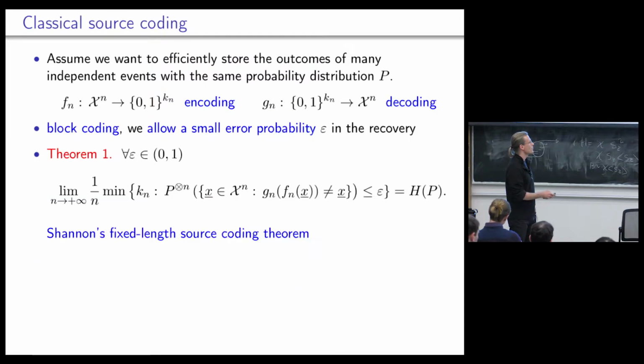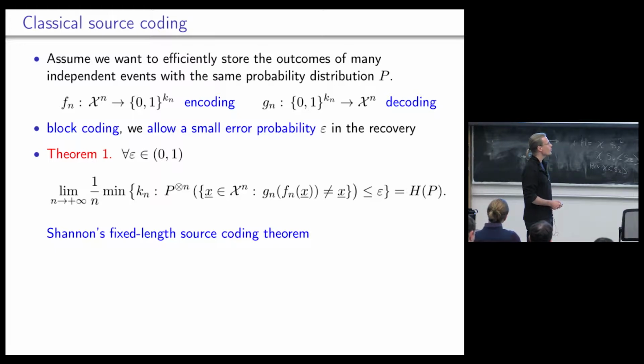Under these conditions, what we can say is that if you are looking at the error, so that the decoded sequence is not equal to the original, and we look at this probability, we want this error probability to be under a threshold epsilon. We want to minimize the length of this bit sequence. This is the most economical coding.